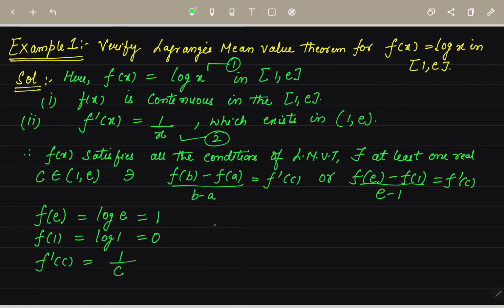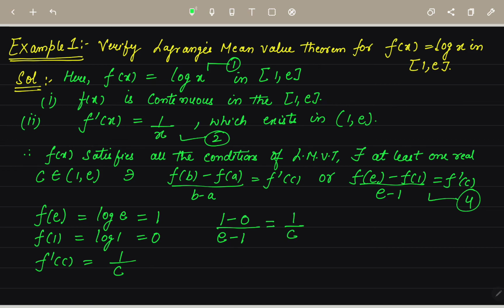Now using all these values in equation 4, I have f of e is 1 minus f of 1, that is 0, divided by b minus a, where b is e and a is 1, and this is equal to f dash c. f dash c is 1 by c.